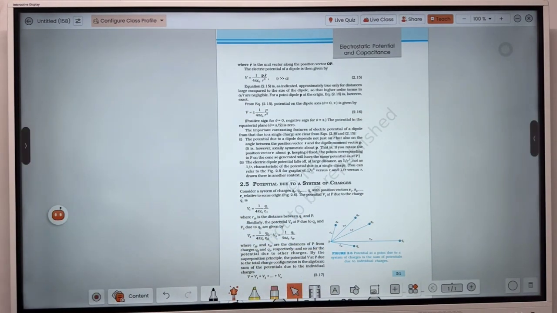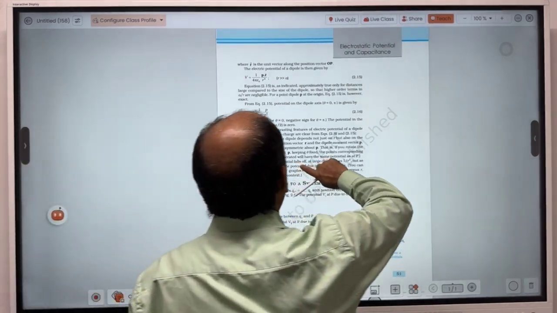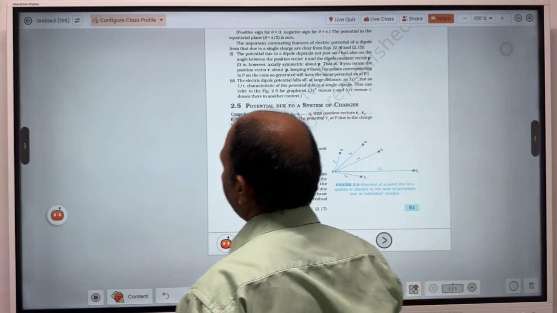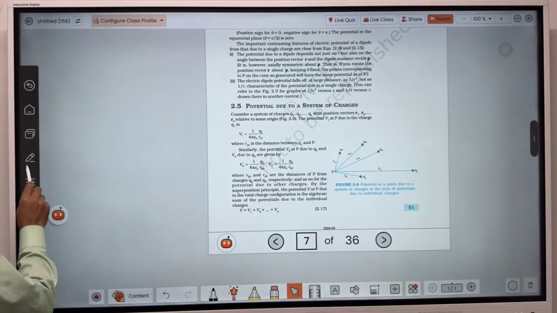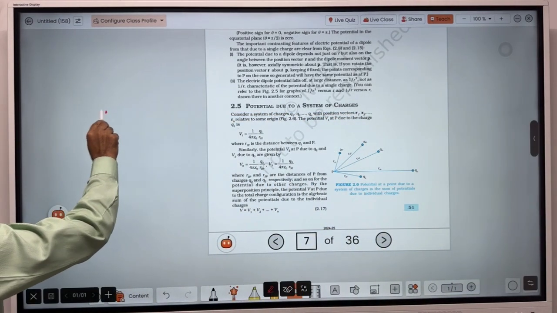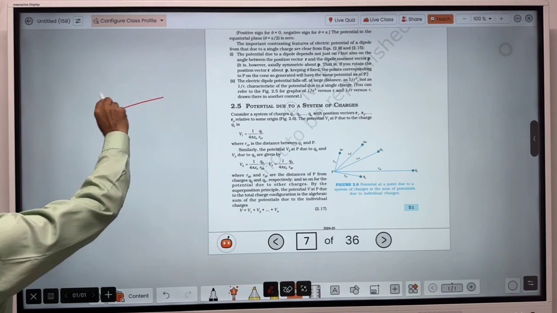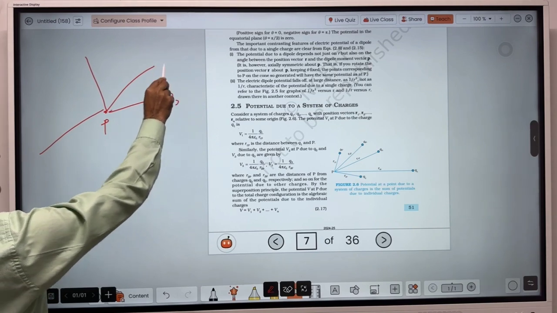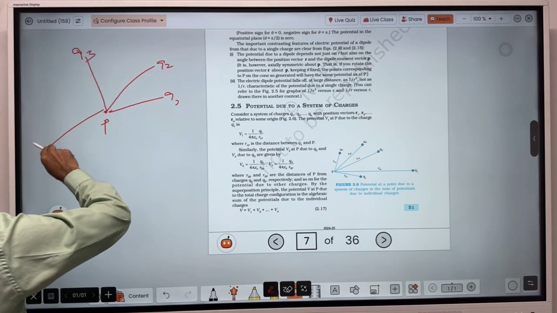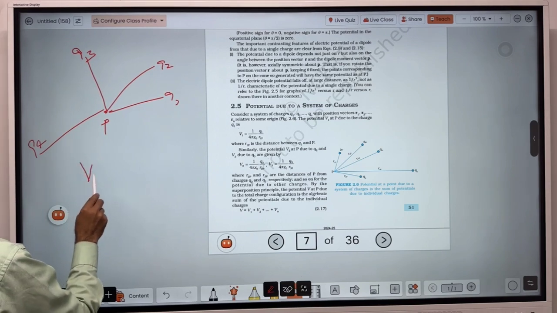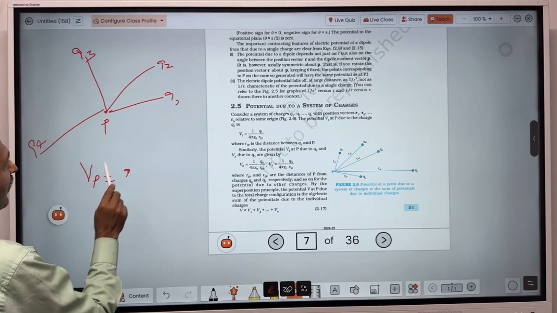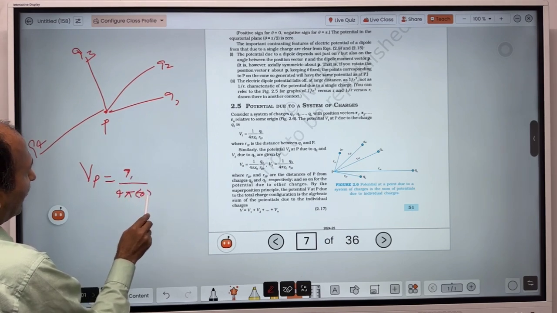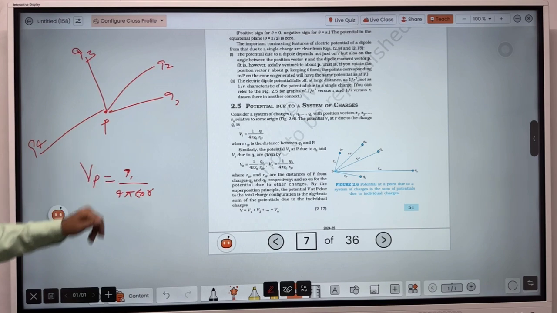Now, if there is a system of charges, meaning many charges, and we have to find the potential at any point, what will you do? It is very simple. Suppose this is the point where potential is to be found, and there are many charges here, here, here: Q1, Q2, Q3, Q4. So potential Vp can be found by Q1 upon 4 pi epsilon naught R1, supposing the separation of the first charge is R1.